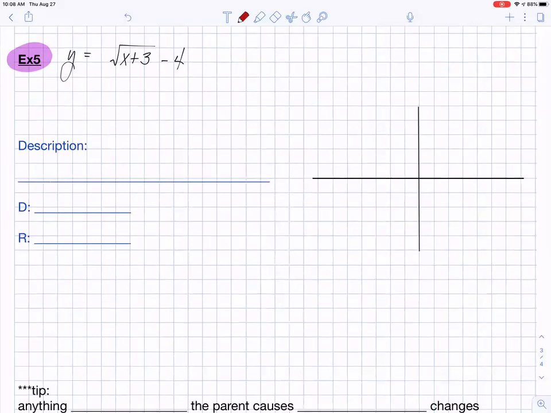So how did the kid mess with the parent? What about this piece? Say it again. Shifted left 3 and down 4. So that's what's going to go in our description. So left 3, down 4. That's all I need. That's enough of a description.